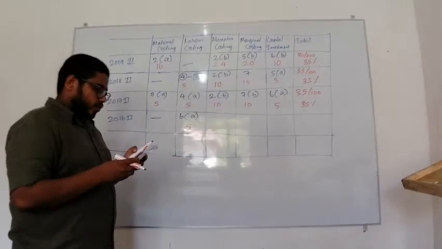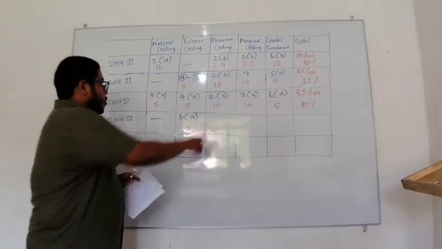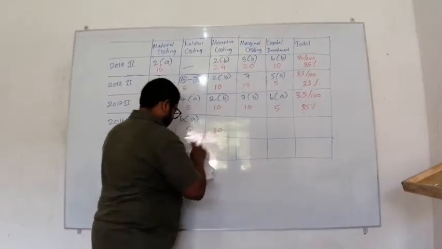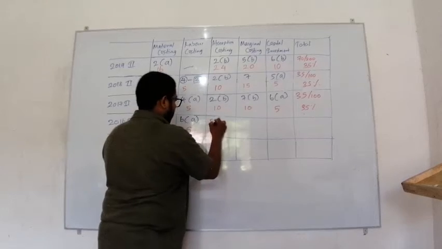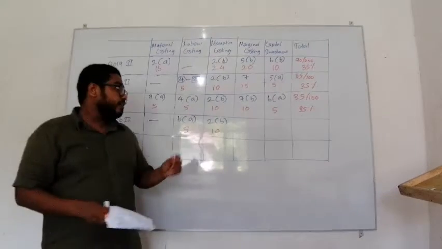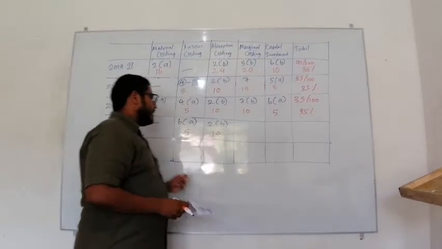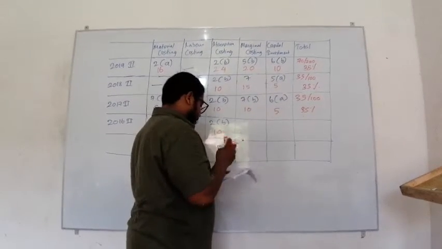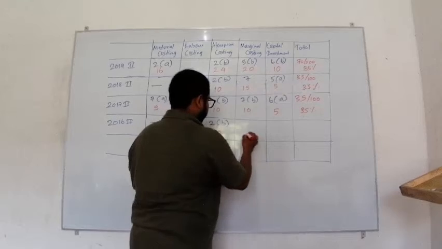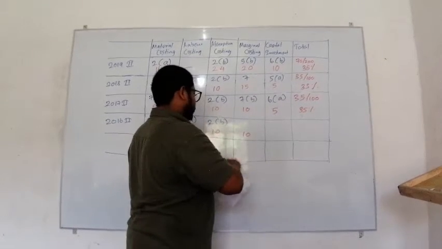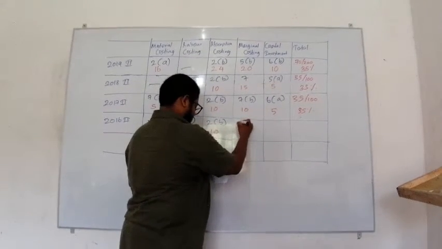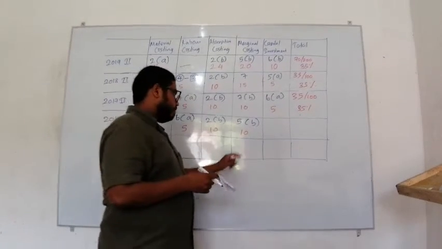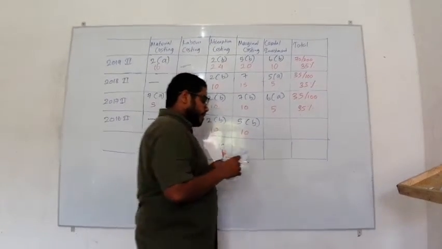And also, you can find a question for absorption costing which carries 10 marks, which is question number 2, part B. When we move to marginal costing in the 2016 paper, you can find a question for 10 marks, which is question number 5, part B.